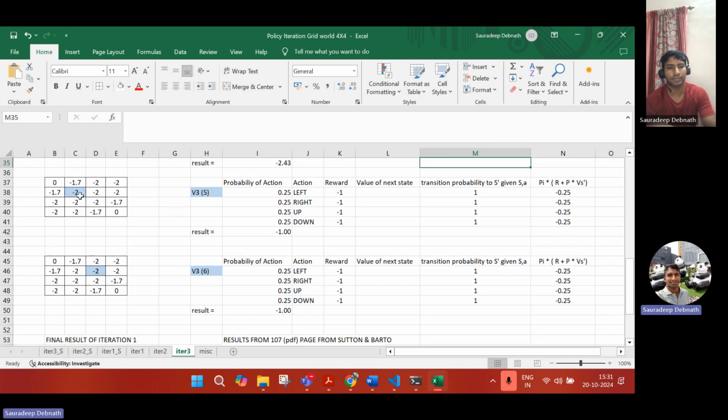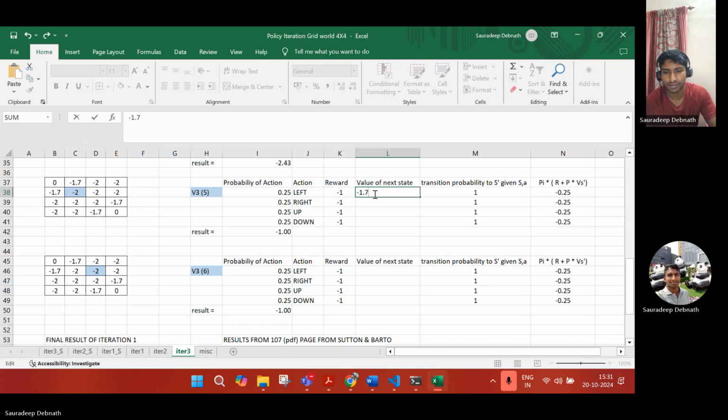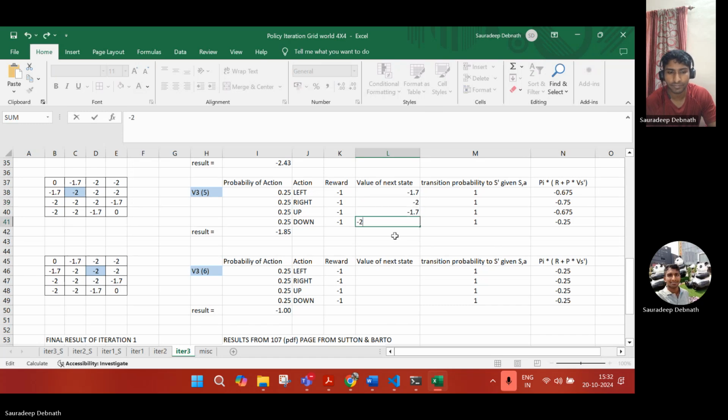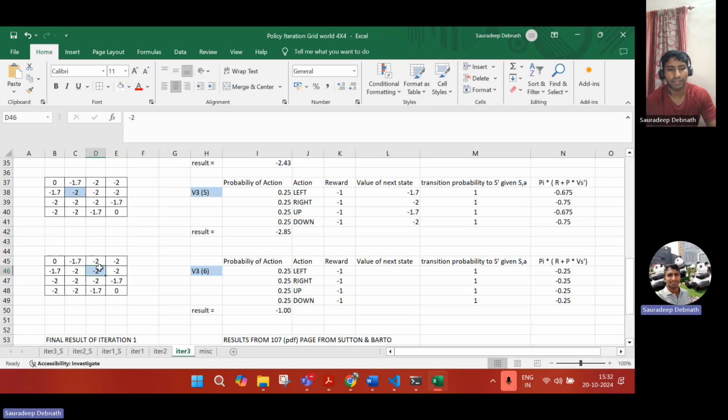Now let's do it for the fifth state. If I go up or left, I'll get a -1.7. Up and left, -1.7. If I go to right or down from the blue cell, I'll get a -2. Now for the last and sixth cell, third iteration.